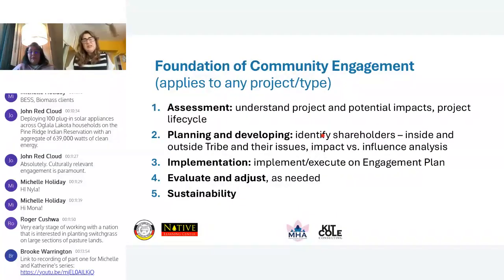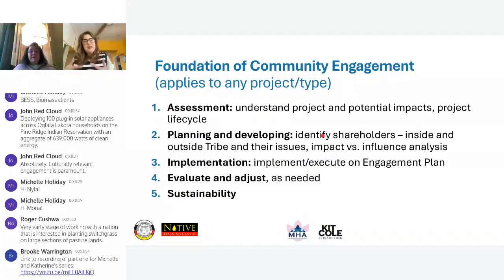So this is a slide for all of y'all, just in case you're putting together your plan as you're thinking about the foundations for community engagement, as you're talking with your peers, folks inside and outside the tribe, understanding your project and the potential impacts of your project. That's number one, and we call that assessment. Number two is planning and developing your plan, right?